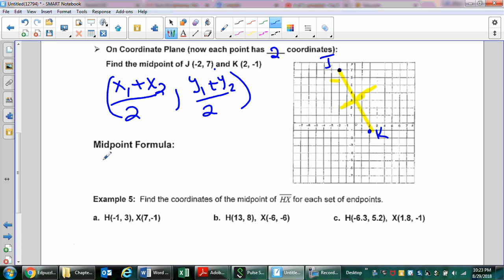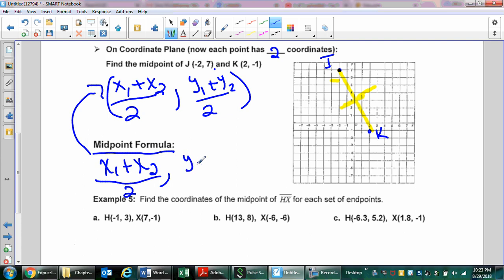That's the midpoint formula. I should have written it down here. So you add the x's, then divide by 2, comma, because you're going to get 2 coordinates. I'm going to add the y's, and then divide by 2. So I'm going to get an x and y coordinate.